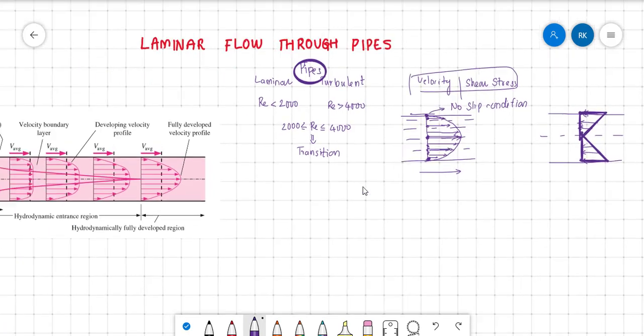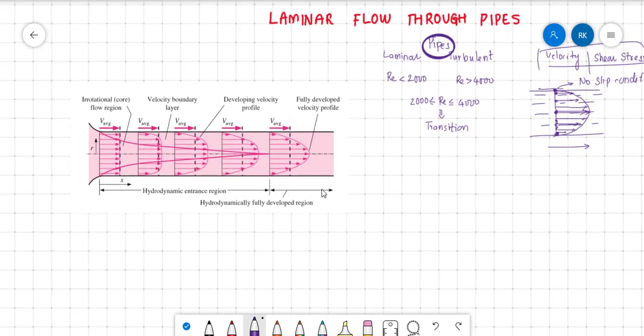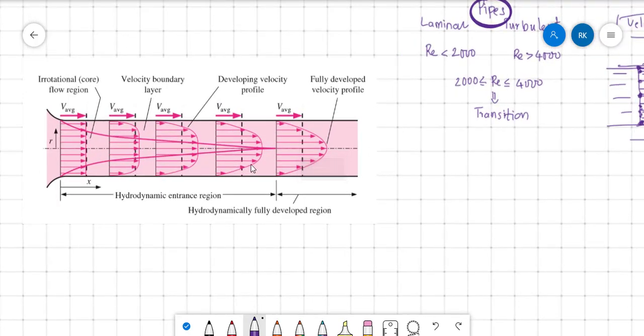Now let us understand this laminar flow. How does the laminar flow develop into a fully developed flow? If you see here, while entering the pipe, the velocity will be uniform. So there is uniform velocity, and as it goes inside the pipe, the velocity at the wall will be less.